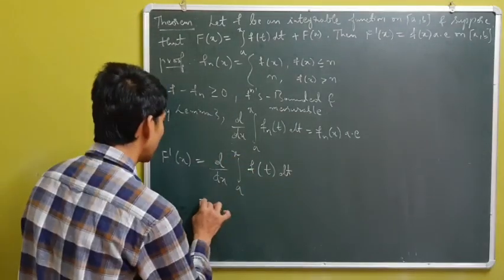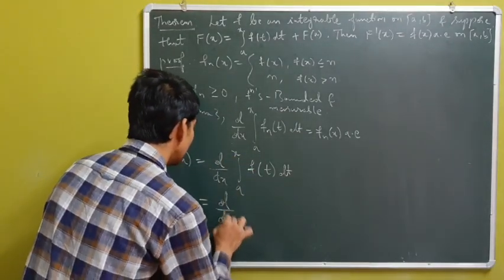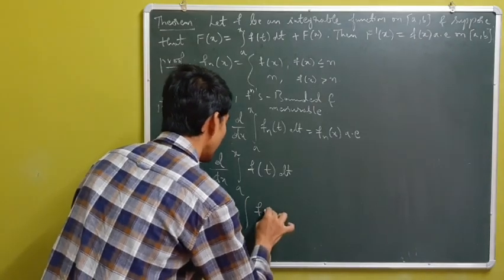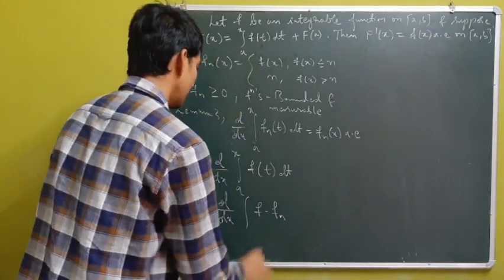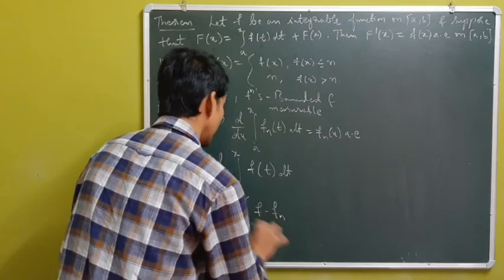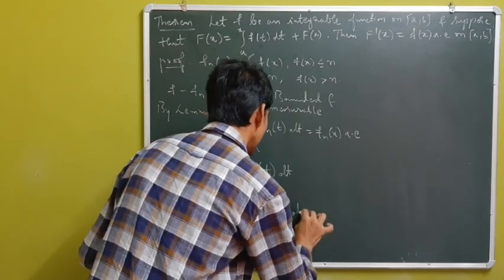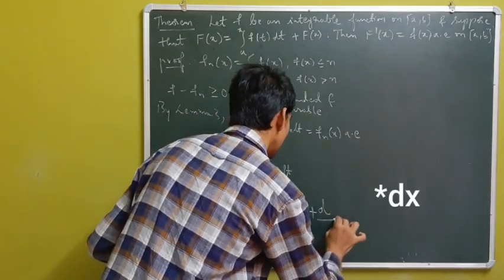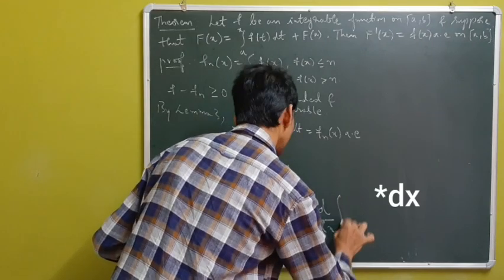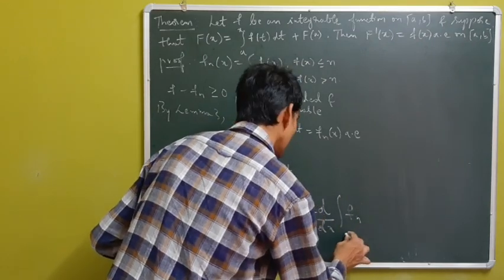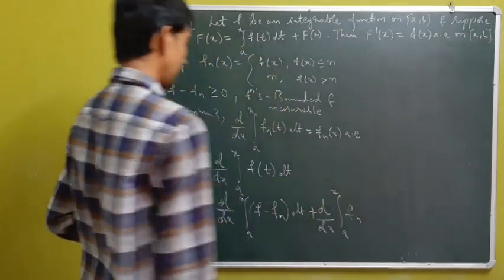Again, this is the same as, I will split the integral as the integral of f minus fn over a to x dt plus d by dx of the integral of fn over a to x.